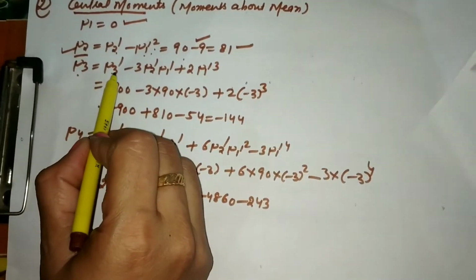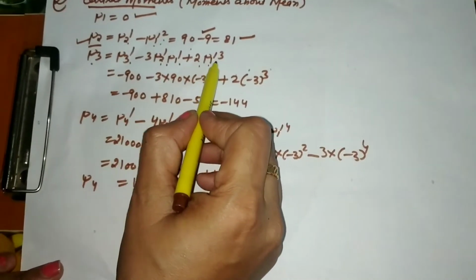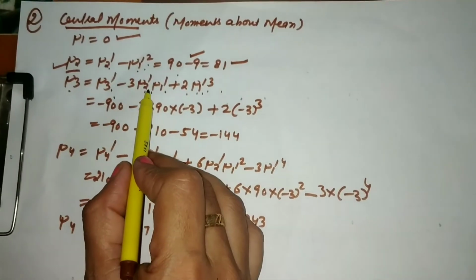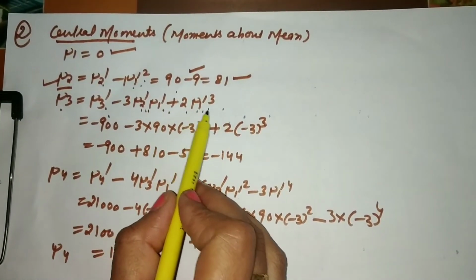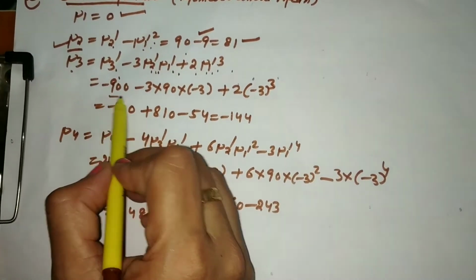Then mu3 is equal to mu3 dash minus 3 mu2 dash mu1 dash plus 2 mu1 dash cube. Mu3 dash, mu2 dash and mu1 dash, all values I have already calculated in the previous sheets. So I am just substituting here.